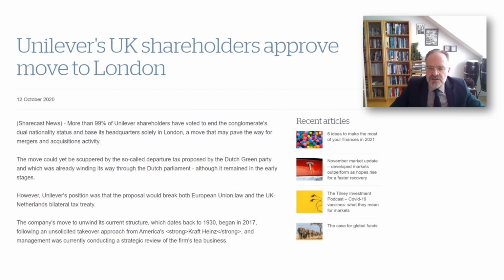Here we see an example of such a major decision. Recently, October last year, Unilever decided to stop being a two-nationality legal person. They wanted to become completely British.